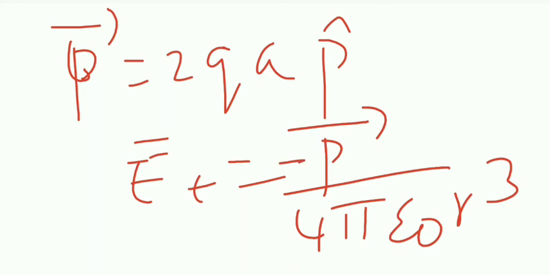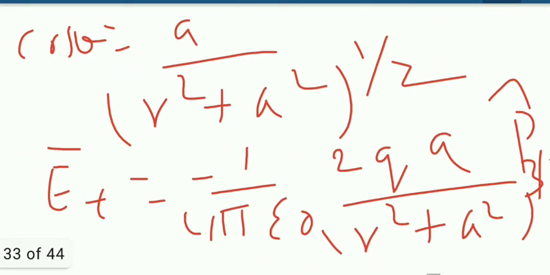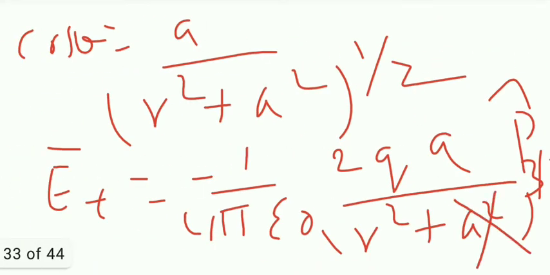Why did I remove a? I consider r is far greater than a. Like we consider it for the axial line, we consider r is far greater than a. If r is far greater than a, I can neglect this. Yes or no? So it will become r cube. Clear?